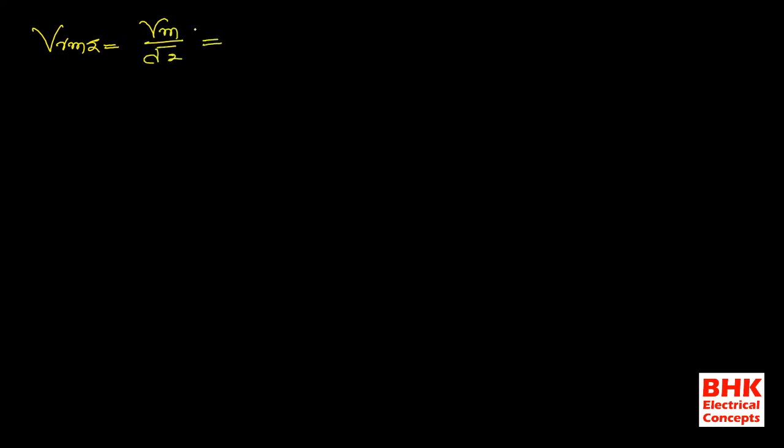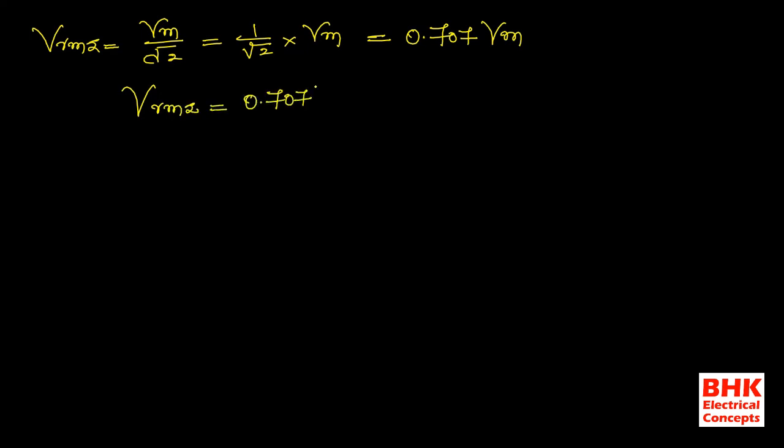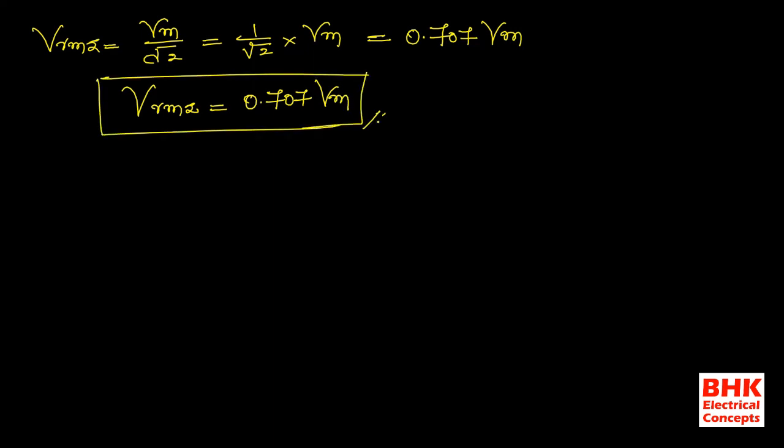I am also substituting the value of 1 by root 2 here. So 1 divided by root 2 into Vm, where 1 divided by root 2 gives you 0.707 and Vm as it is. So here VRMS is equal to 0.707 into Vm. So this is the RMS value of a sinusoidal voltage.